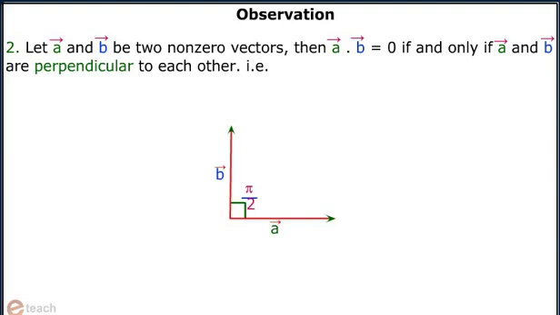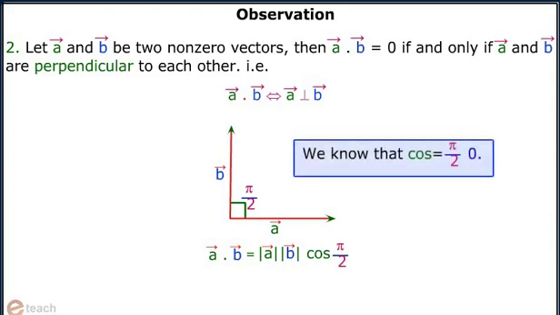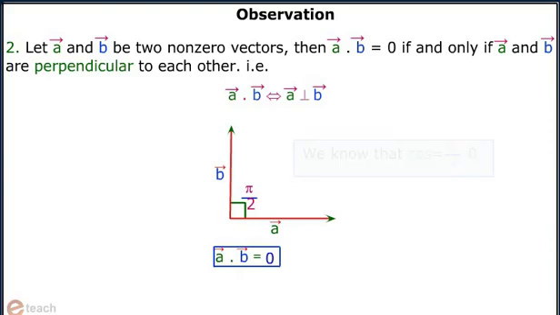Then a dot b equals 0 if and only if a vector and b vector are perpendicular to each other. That is, a vector is perpendicular to b vector. Then a dot b becomes mod of a into mod of b into cos of pi by 2. Now we know that cos of pi by 2 equals 0. Then a dot b equals 0.